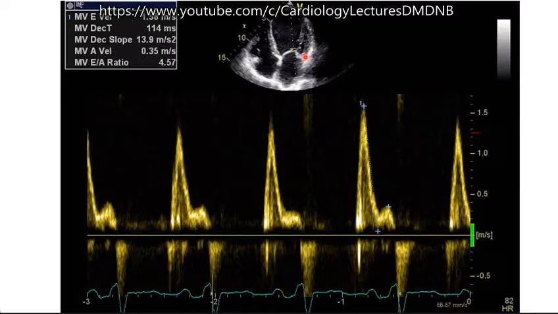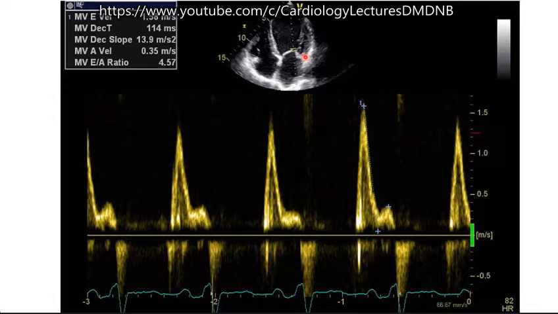In a restrictive pattern, what happened to the left atrial pressure? Sir, increased. So when the mitral valve opens, there is a significant gradient between the left atrium and the left ventricle, resulting in a very rapid filling of the left ventricle because of the high left atrial pressure. It is the high left atrial pressure which makes the E velocity very high.